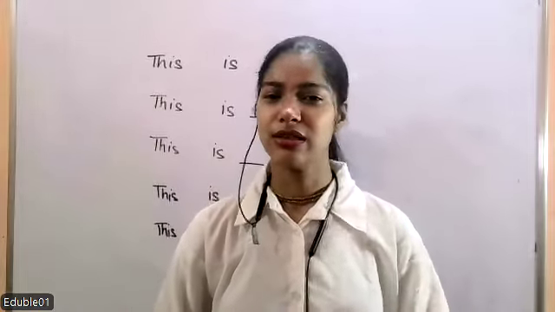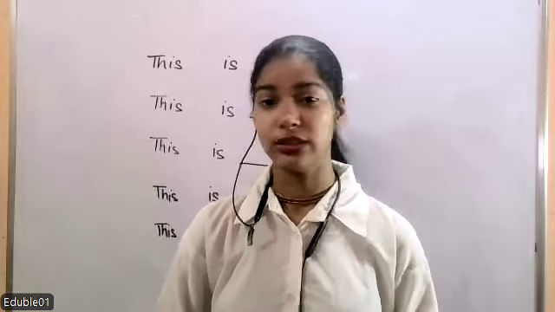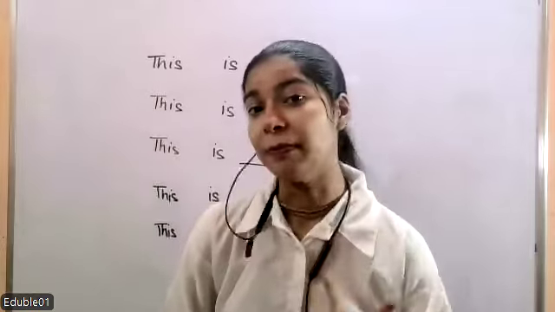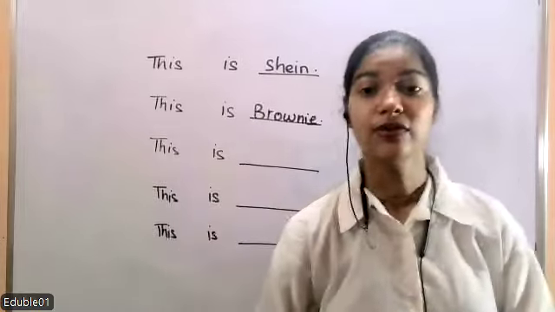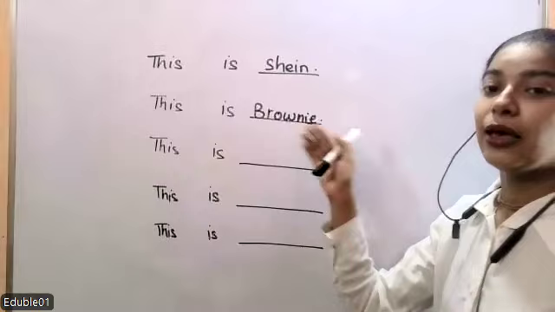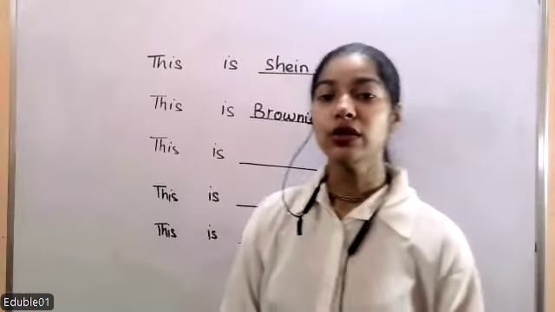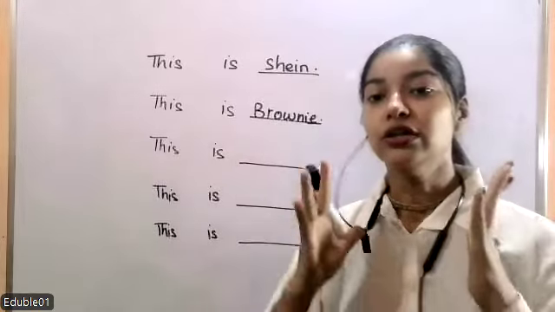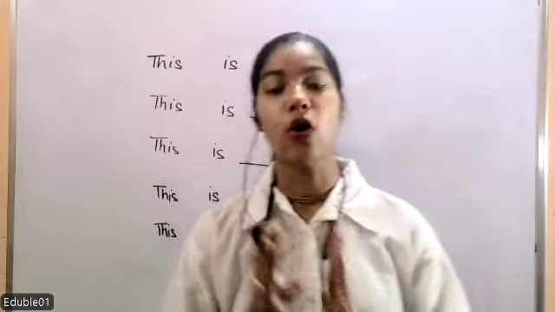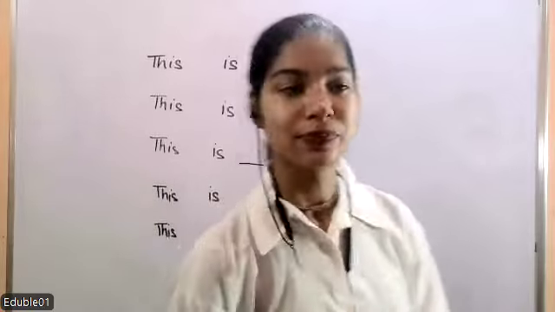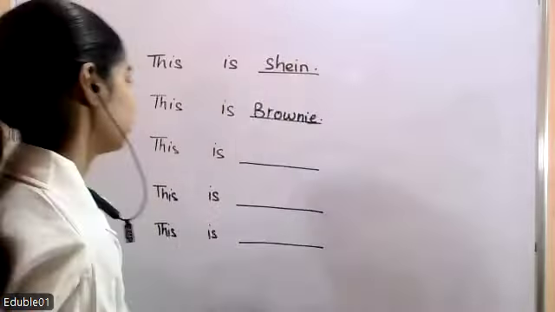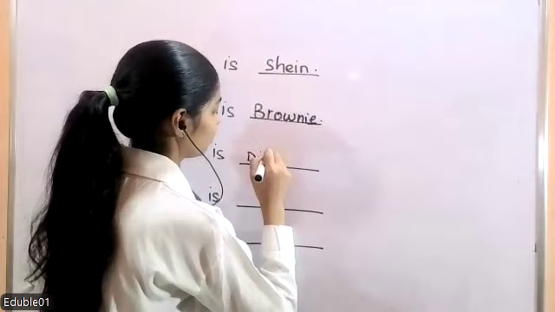But if I say this is a dog, I'm not sure whether I'm talking about my dog or some other random dog. But here, when I say this is Brownie, I'm talking about a specific dog that belongs to me. Okay, now let's say, Diwali festival.